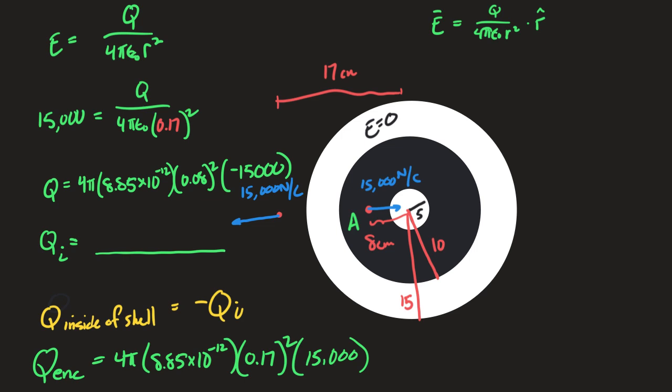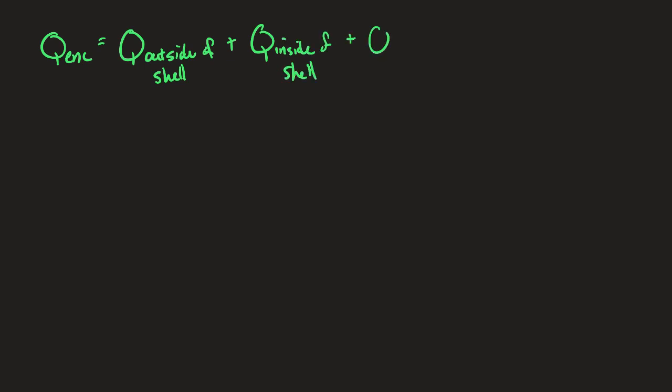Can I go to another page where I can get some clean board to write on? Are you guys good for me to go someplace else? Q enclosed has to equal Q on the outside of the shell plus Q on the inside of the shell plus Q on the inside sphere.